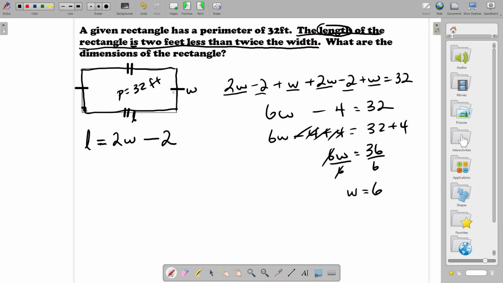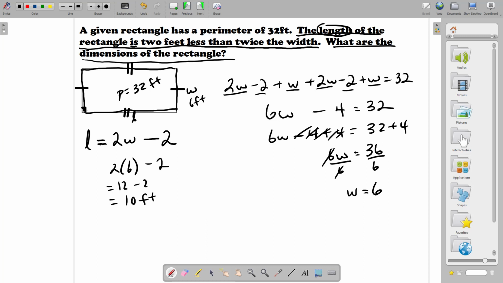Now we take this and go back. We have to make sure we're answering the question of the word problem. The question says, what are the dimensions? So we need the length and the width. Well, the width is 6 feet. The length is 2 times 6 minus 2, which is 12 minus 2, which is 10.